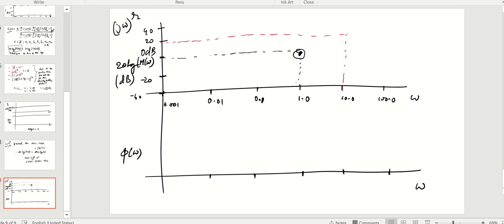All right. You see what I just did there? Okay. So when you take log of 100, it's 2. So 2 into 20, it's 40.